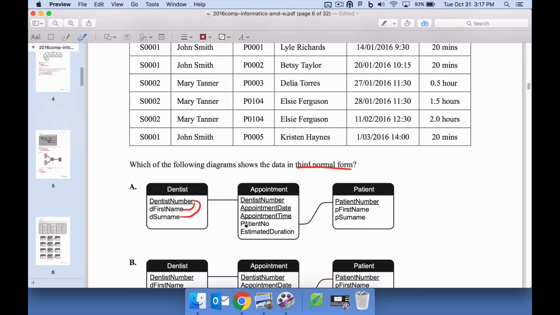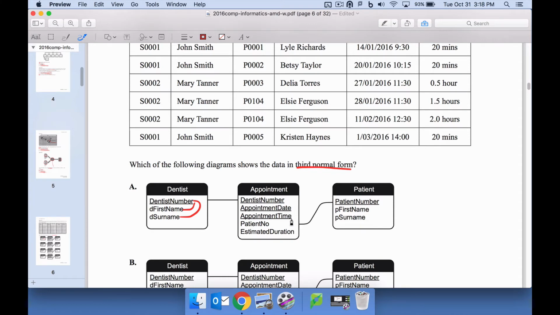So the dentist number, the appointment date, and the appointment time all make up a primary key for each field in this table. So a patient number is directly related to all of these three as the primary key. The estimated duration is also directly related to the appointment.